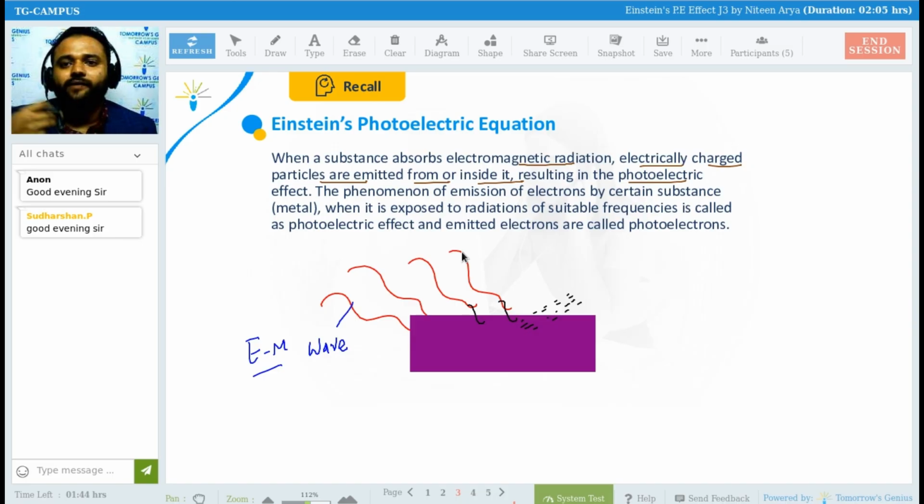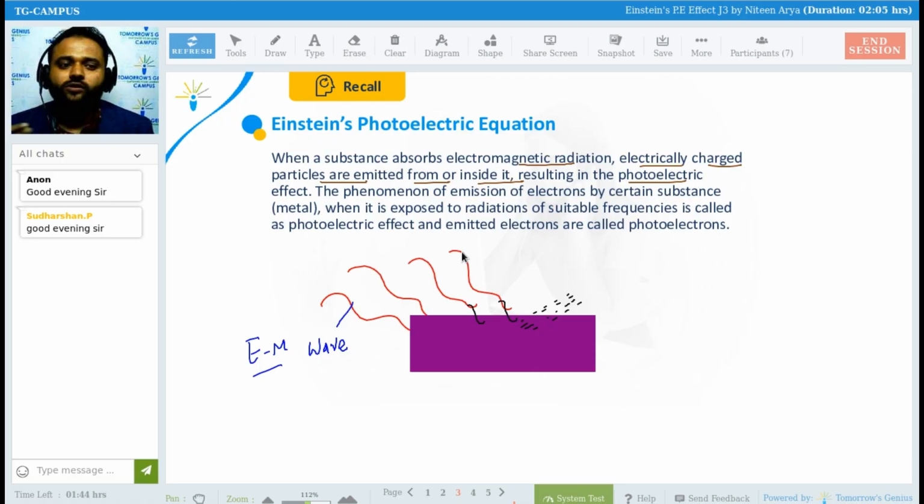Obviously when you give energy to something, that energy is going to be used. Either that particular system contains the energy and increases its energy, but at a particular point everything has a certain final limit.